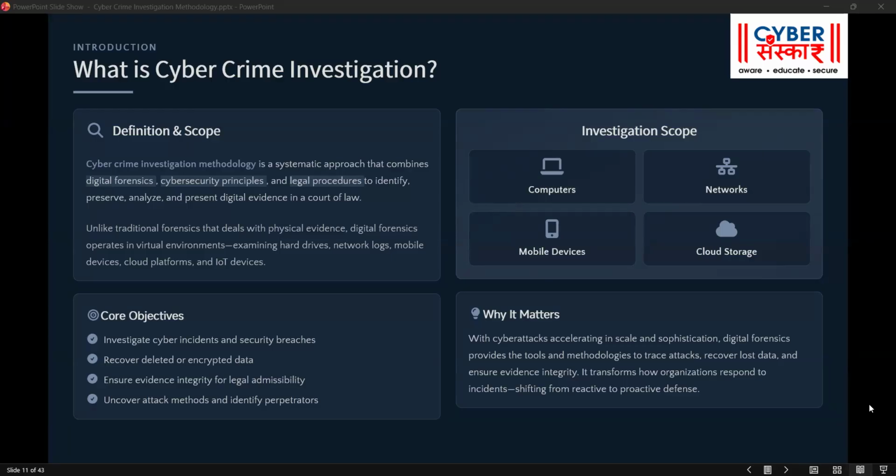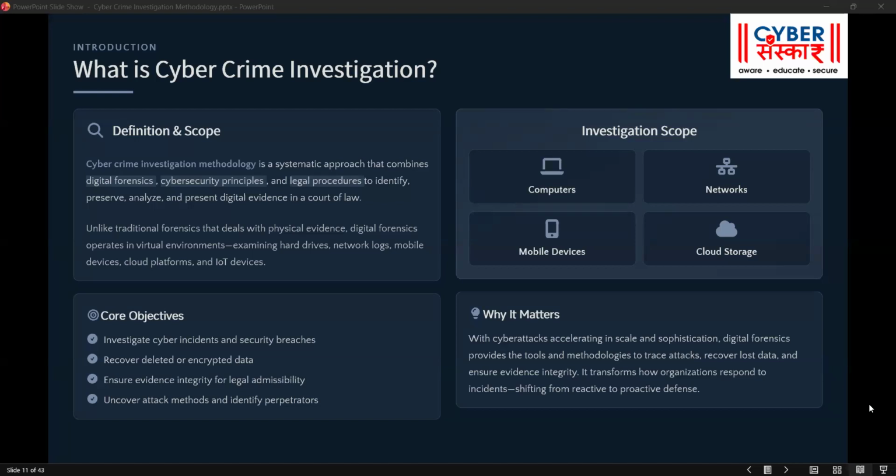Whether it is a fraud, or hacking, or a Trojan horse, or a virus, or any other kind, or cyber terrorism, we have to discover the method used by the cyber criminal and identify the perpetrators, where the crime originated from, and the person who has committed the crime. These are the core objectives of investigation.